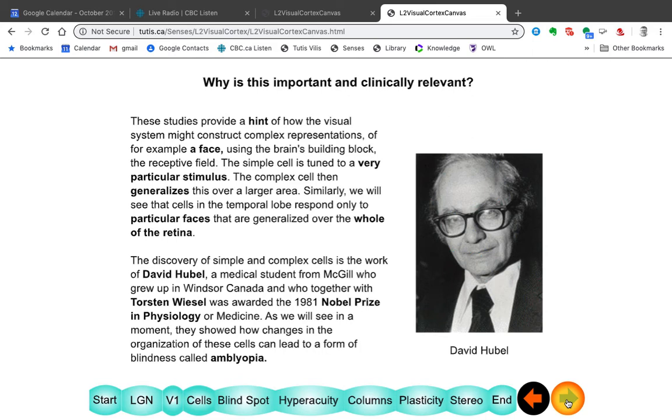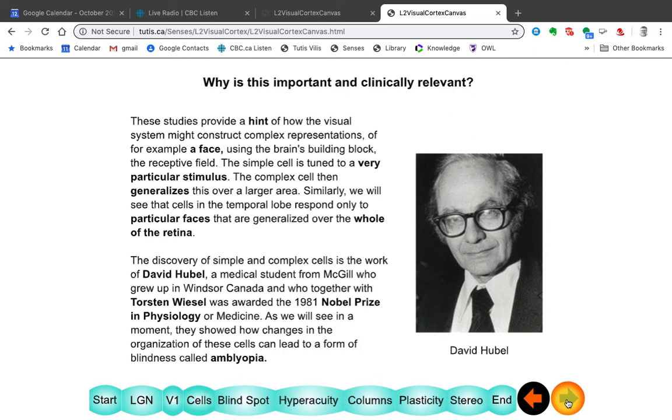and you can recognize that face independent of where it is on your retina. Okay, so you don't have to be looking directly at the person. You don't have to be looking with the fovea, a little bit to the side or whatnot. So these cells do something similar to what simple and complex cells do. A simple cell is a very particular cell. It's looking for a line of a particular orientation.